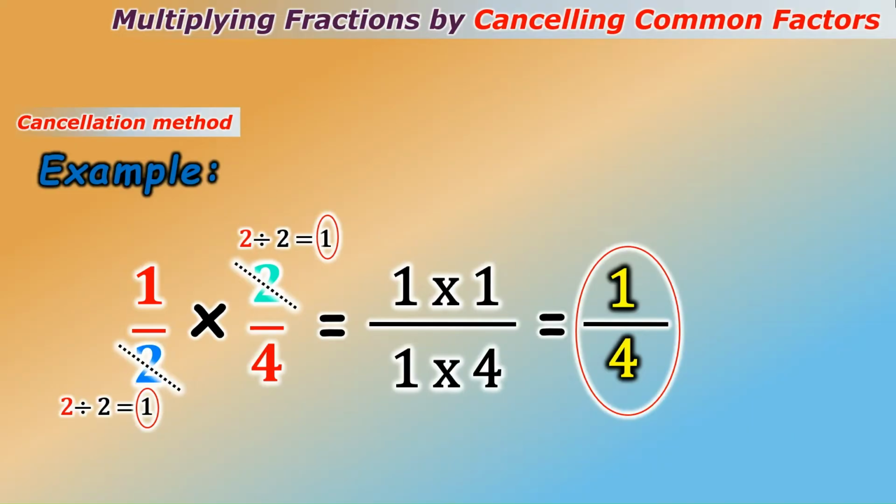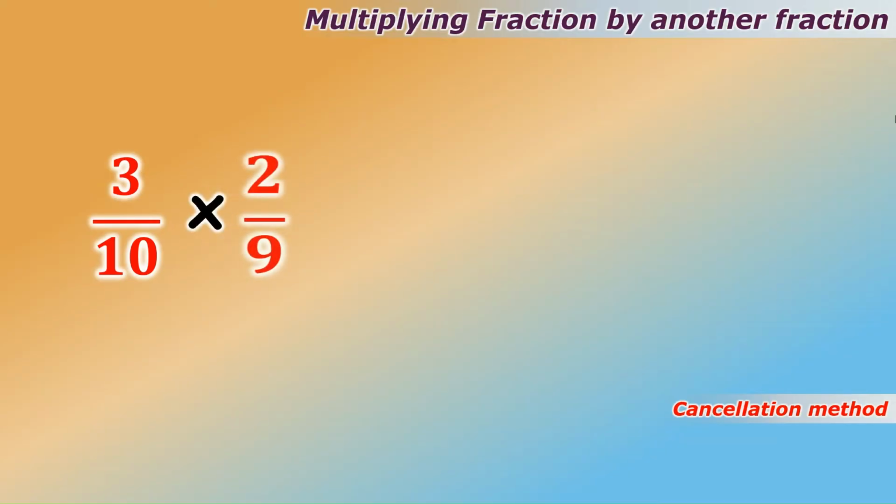Let's look at more examples of multiplying fractions with canceling common factors. Let's take another example. Multiply a fraction by a fraction. 3/10 times 2/9. The numerator 3 and denominator 9 share the same common factor of 3.